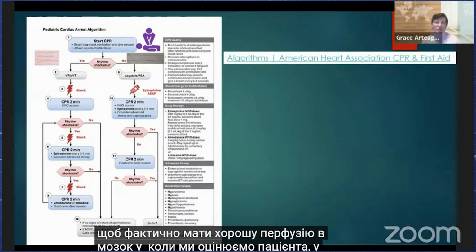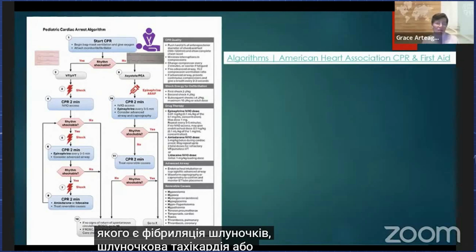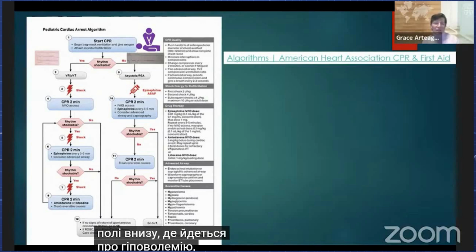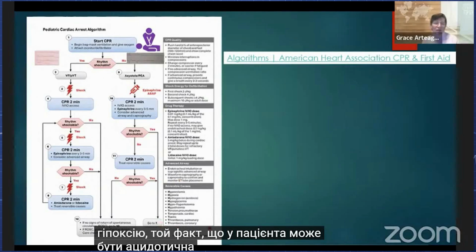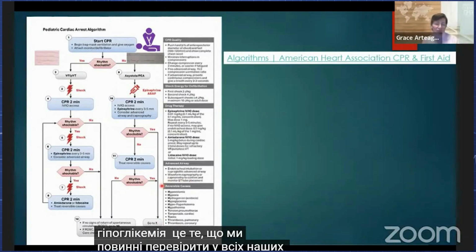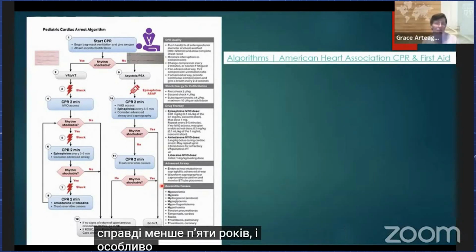When we're assessing a patient who has either ventricular fibrillation, ventricular tachycardia, or asystole, we need to always start looking for the reversible causes. And that's actually in the box at the very bottom that talks about hypovolemia, hypoxia, the fact that the patient might be acidotic, hypoglycemia, which is something that we should check in all our children, particularly less than 5 years of age, and specifically important in kids less than a year of age.